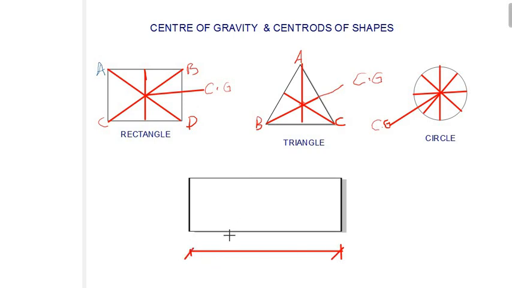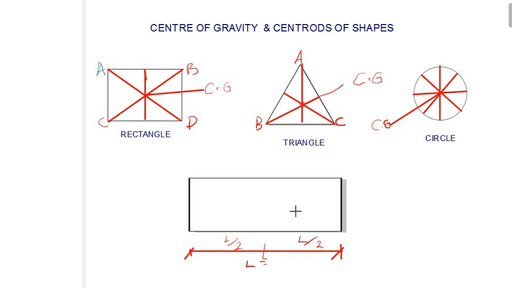Let's say the longer side of this rectangle is represented by L. It means our CG is supposed to be at the center, so from here to here is L over 2, and from this point to the extreme end is L over 2.